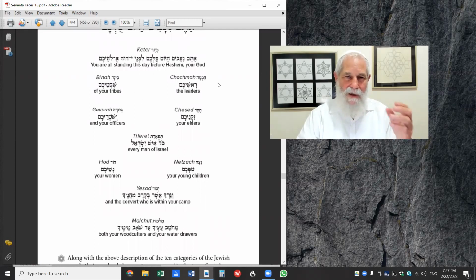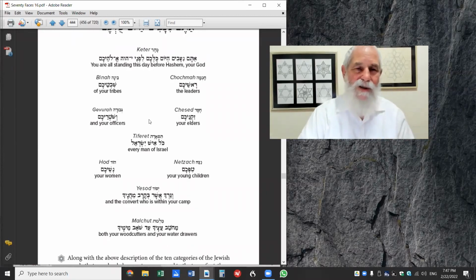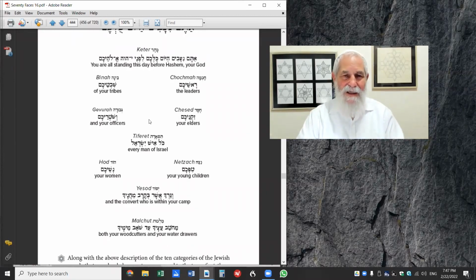So this is just the idea of what's called a flow chart, showing that here you see a verse in the Torah, but if you deeply analyze it, you see that it's actually a revelation, in a sense, of the Sefirot.